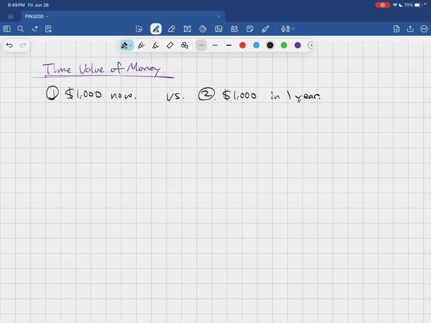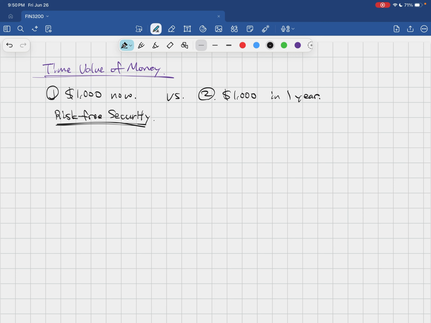So we're gonna come up with an objective way to evaluate which one is better. And to do that, we'll first talk about something called the risk-free security.